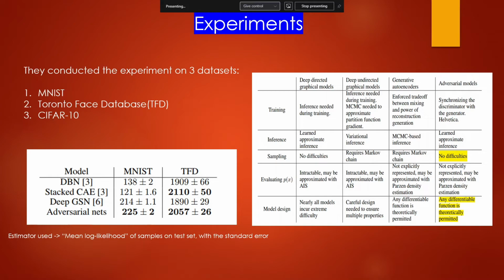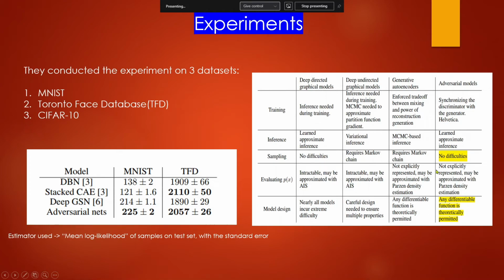Anyway, this is probably my last slide. Just hold for a few seconds. This experiment has been conducted with three datasets: one is MNIST, another is TFD, and the other is CIFAR-10. As you can see, the adversarial model has produced better results. The other models have a few shortcomings, which they have shown in this chart.